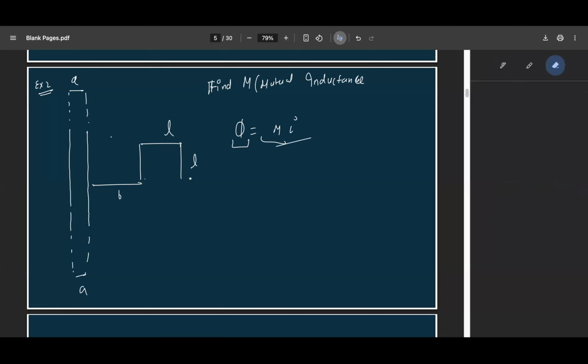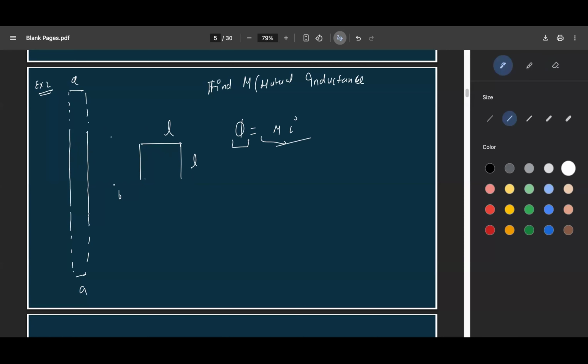You have to figure out which one is easier and which one is harder to get the answer. Can you solve this, or do I have to get the answer for this also? I'll try.